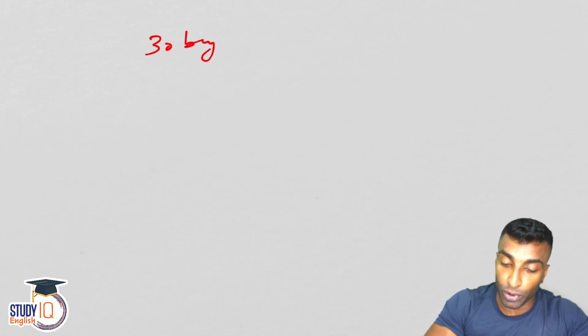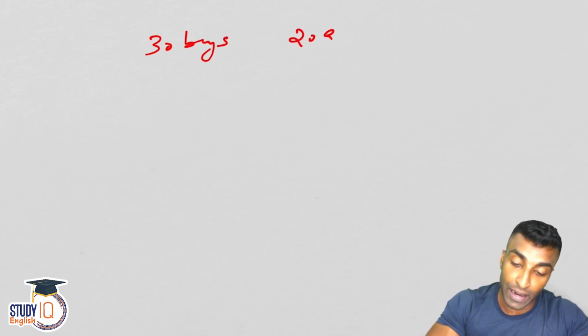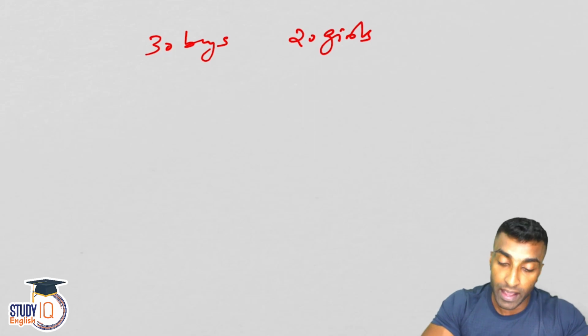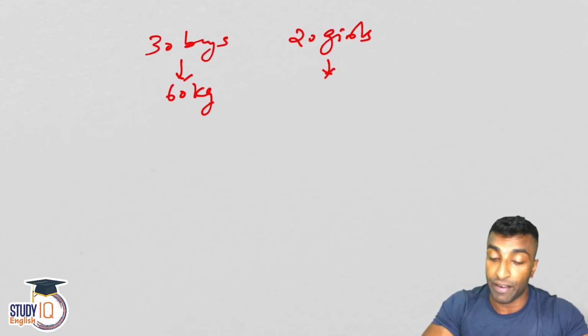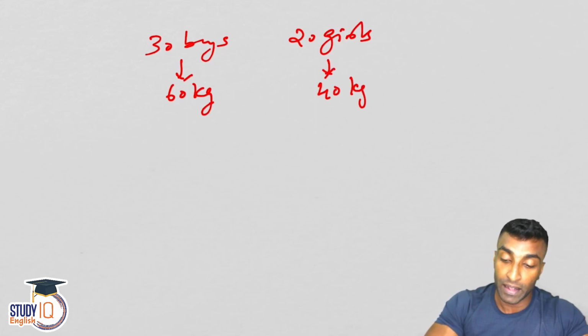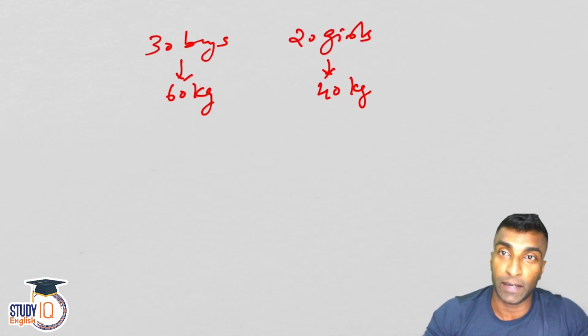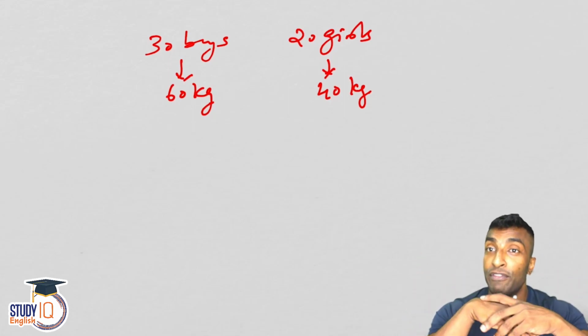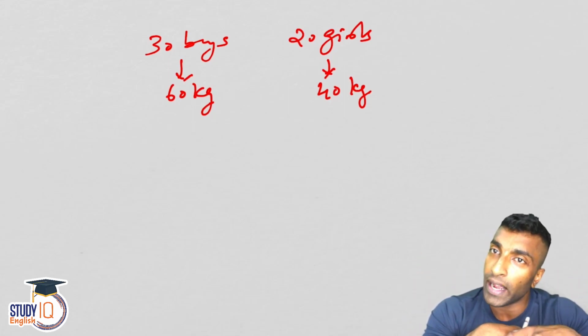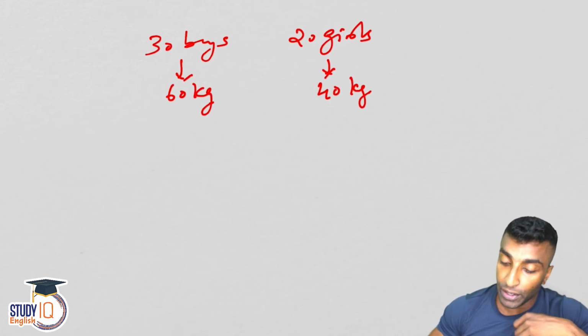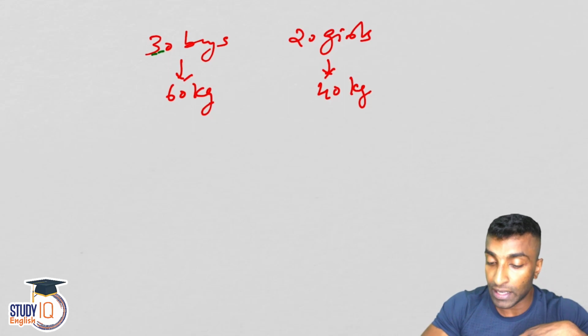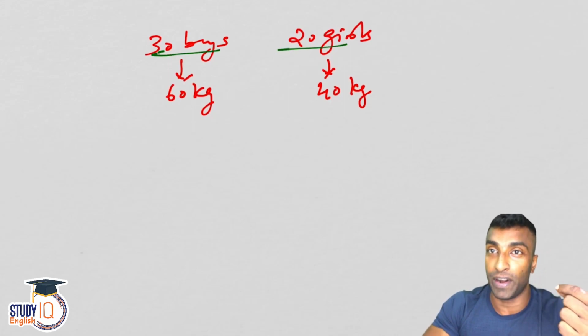Let's say there are 30 boys in a class and 20 girls in a class. The 30 boys have an average weight of, let's say, 60 kilogram, and the 20 girls have an average weight of 40 kilogram. Now, if I need to find the average of the class, I need to find the weighted average, because the numbers are different.